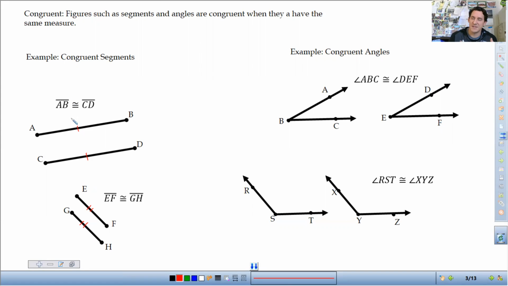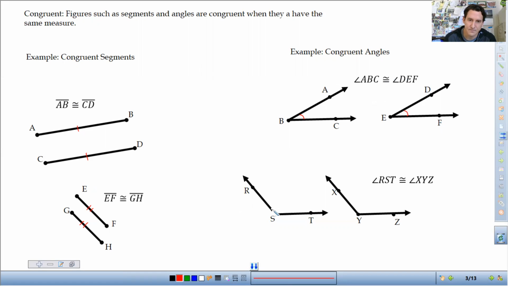These marks in diagrams are very important because they tell us what is equal when you're looking at these shapes. For angles, so again, the congruent symbol, these two angles are congruent to each other. What you do is you put little congruent arcs in there, that means those angles are congruent.